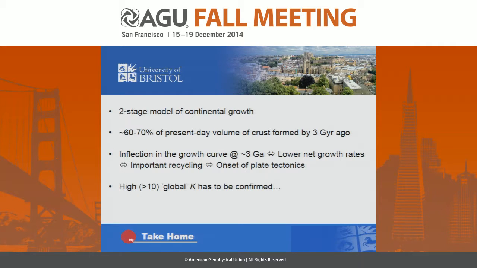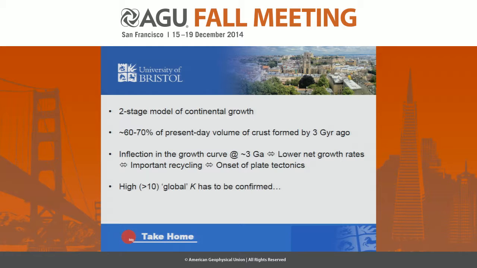So just jumping back to the conclusions now, we believe that continental growth occurs as a function of a two-stage model, something really simple. 60 to 70% of the present-day volume of the crust was most probably formed early in Earth's history, by 3 billion years ago.